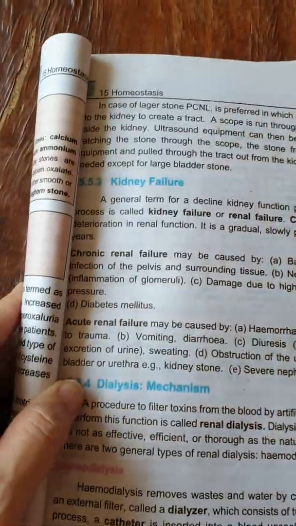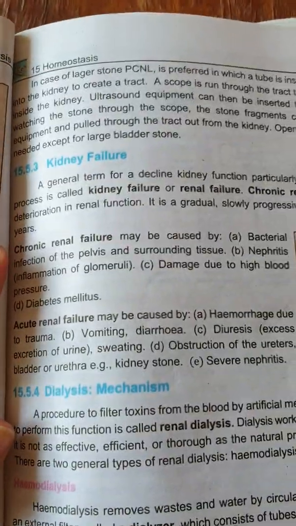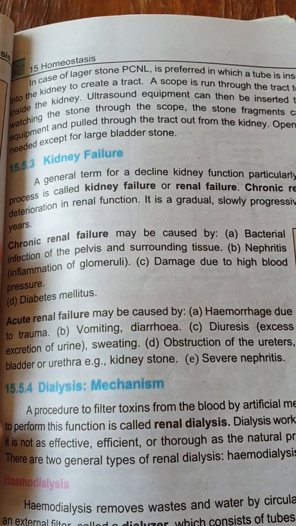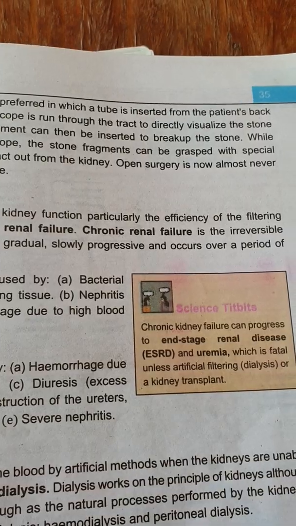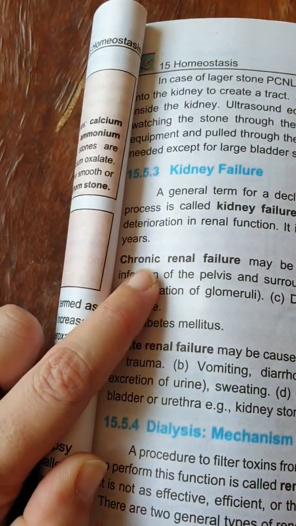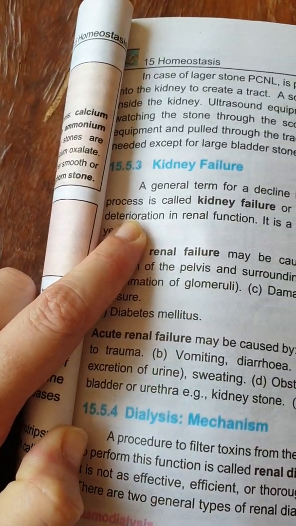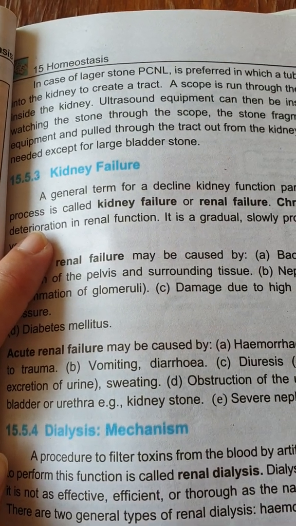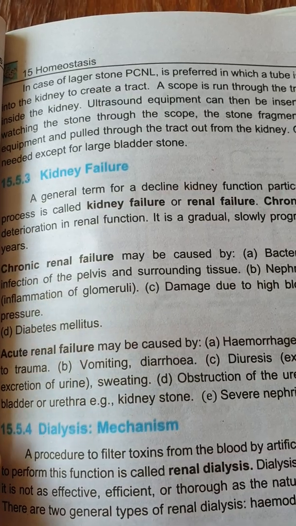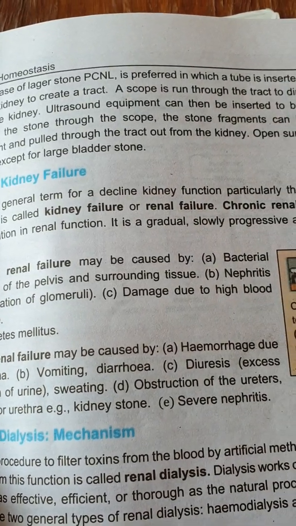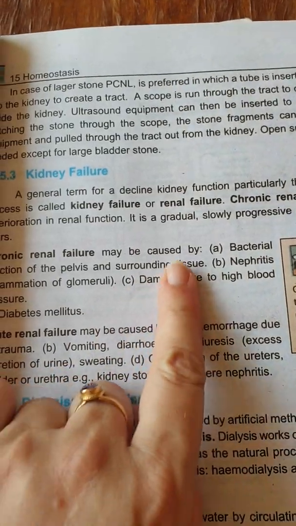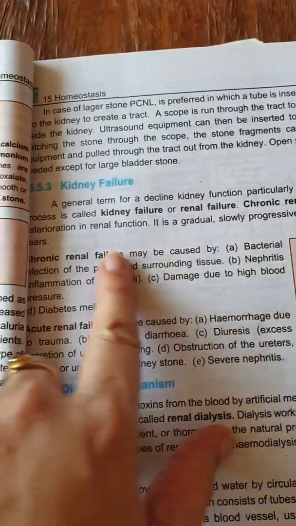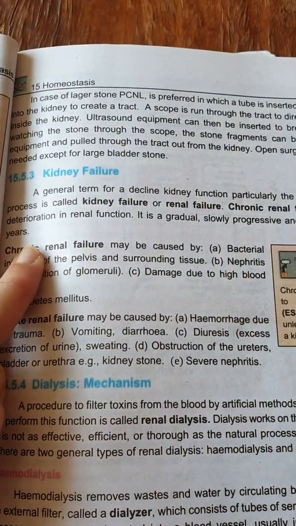Chronic means that the kidney is damaged to such an extent that it cannot be recovered again, which is also known as irreversible deterioration, in which the kidneys completely stop their work because they have failed, their tissues have become dead, and this is a very gradual and slowly progressive process that occurs over a period of years.